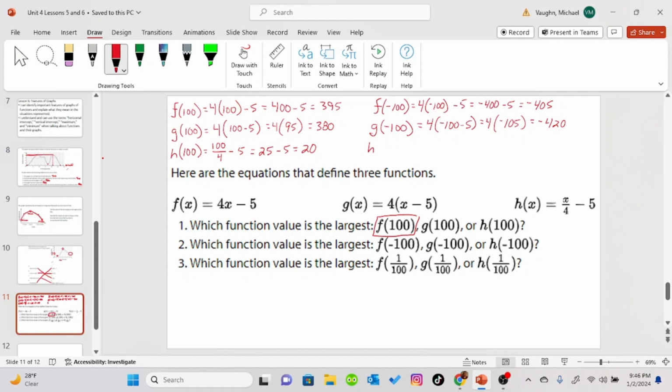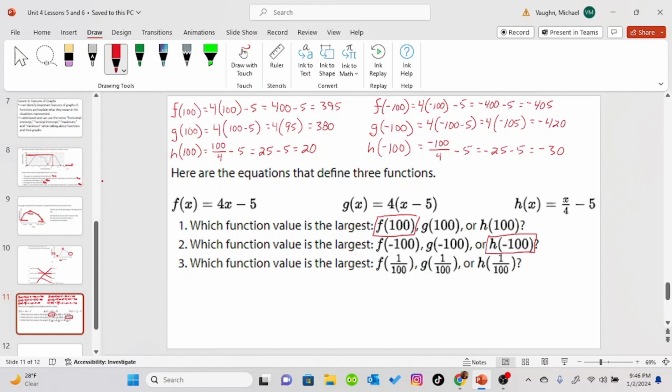And h of negative 100 equals negative 100 divided by 4 minus 5, which equals negative 25 minus 5, which equals negative 30. Therefore, with a value of negative 30, h of negative 100 is the largest value.